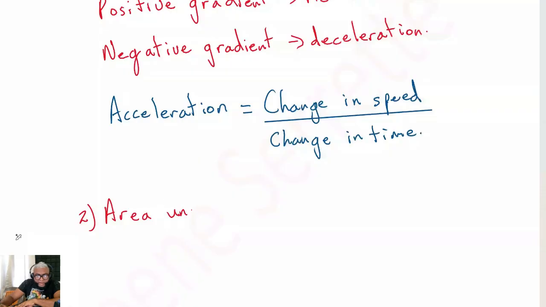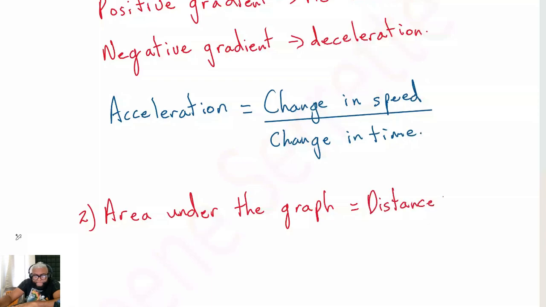Yeah, but still try to write. Area under the graph. All right, no problem. And I'm going to try to send everything for you as soon as class is done, right? Area under the graph is equal to distance traveled.